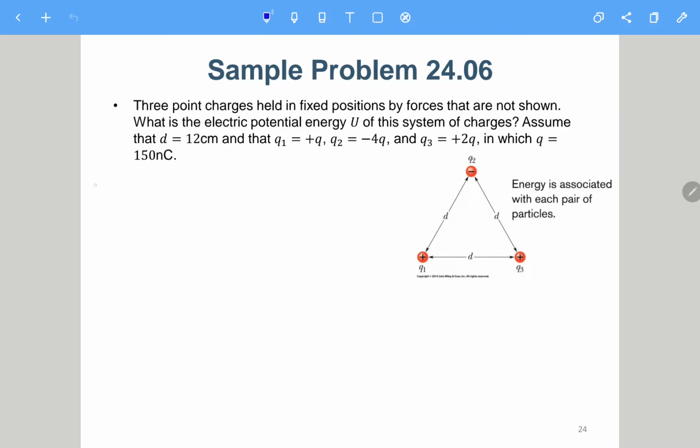In this case, U, the total electric potential energy, is U12 plus U23 plus U31.